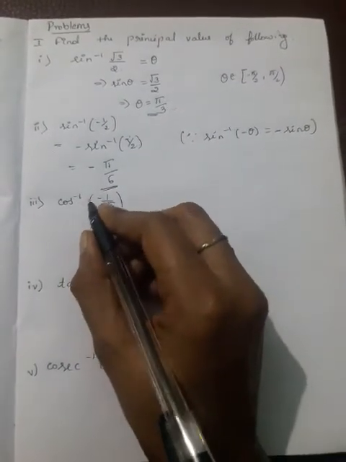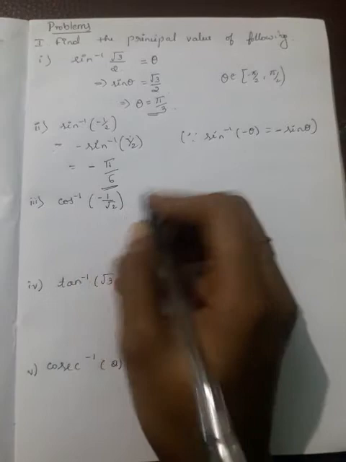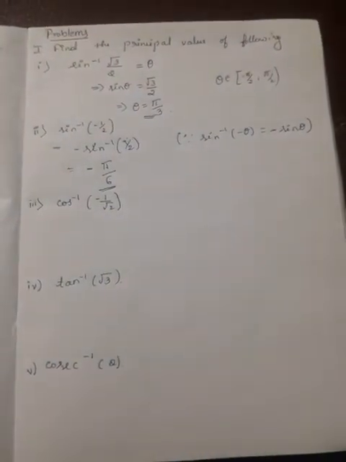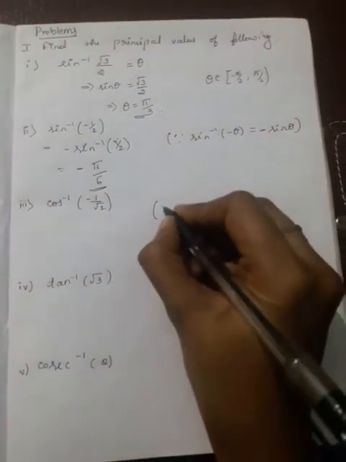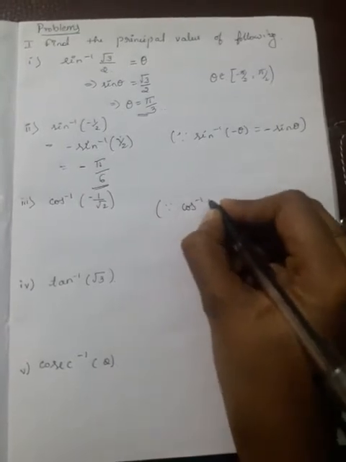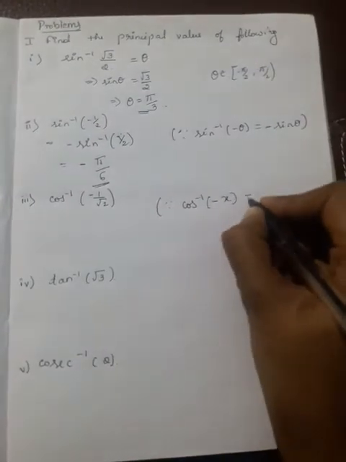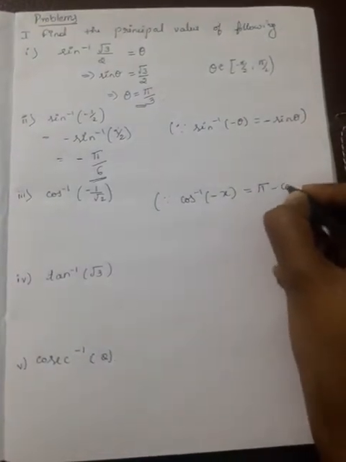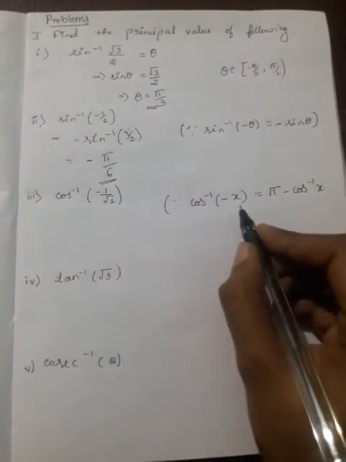Next is cos inverse of minus 1 by root 2. We know that cos inverse of minus x is equal to pi minus cos inverse of x.